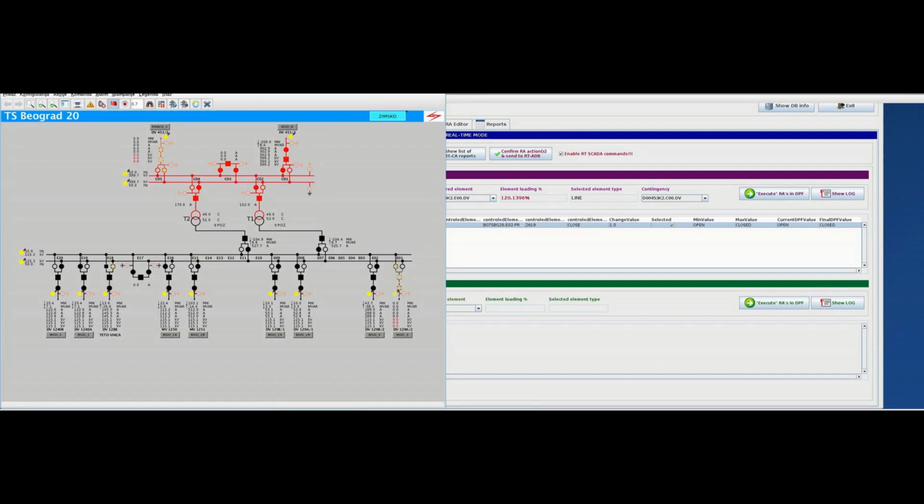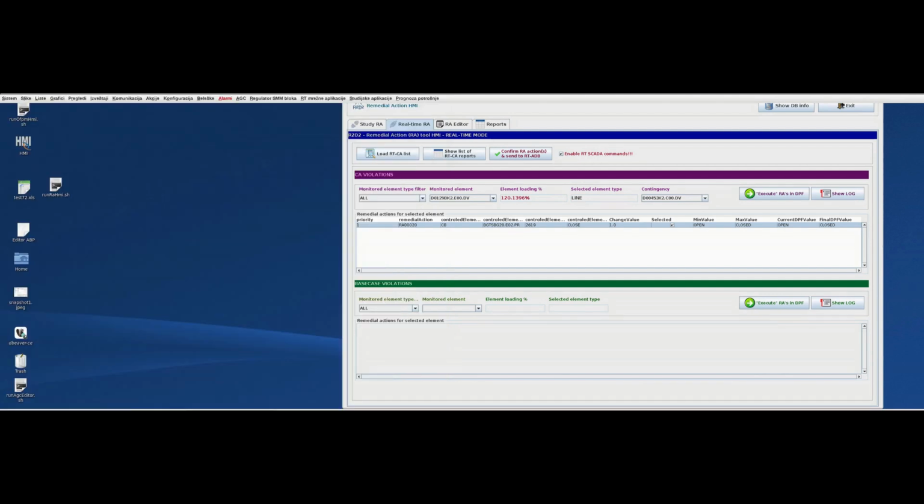So the contingency is solved. Once again, to confirm that this contingency is solved, the dispatchers will load in the RAA tool the real-time contingency analysis that is performed after the switching on of the line, and the contingency that is related to this 110 kV line should disappear.